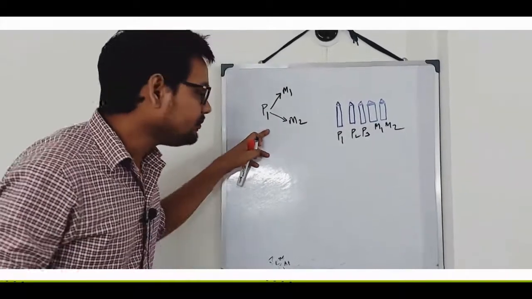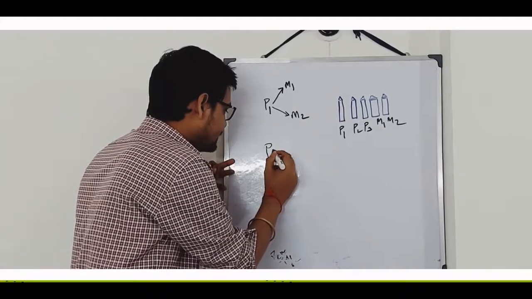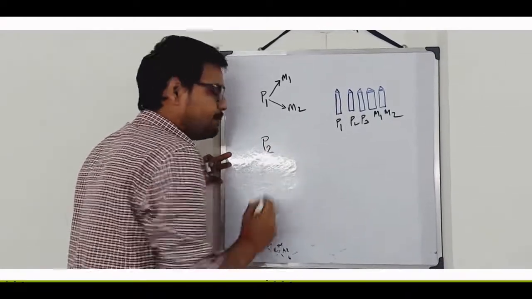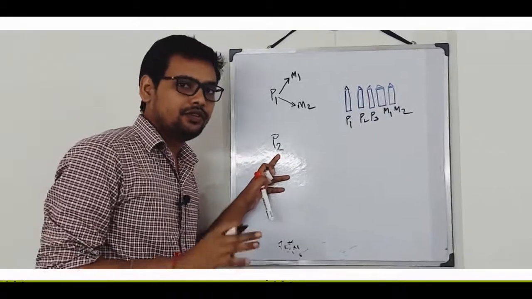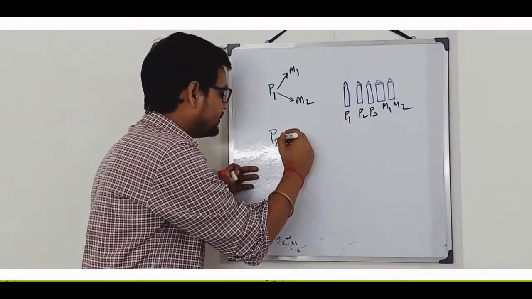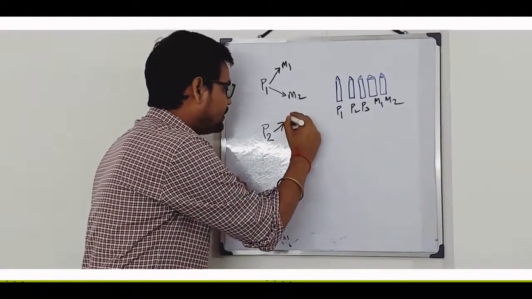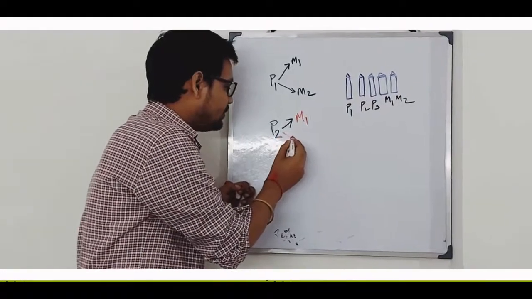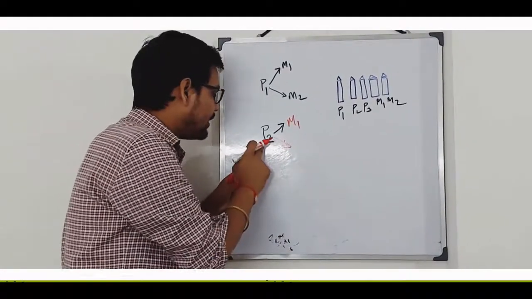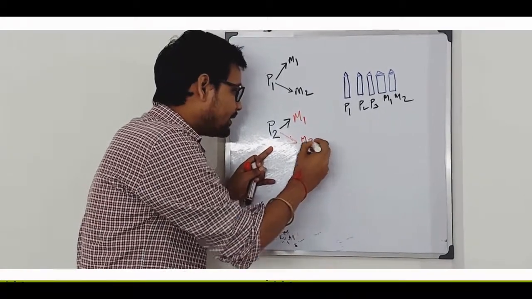And what is the second case? One can pick the pen P2, and after picking the pen P2, one can pick the marker M1, or the marker M2.